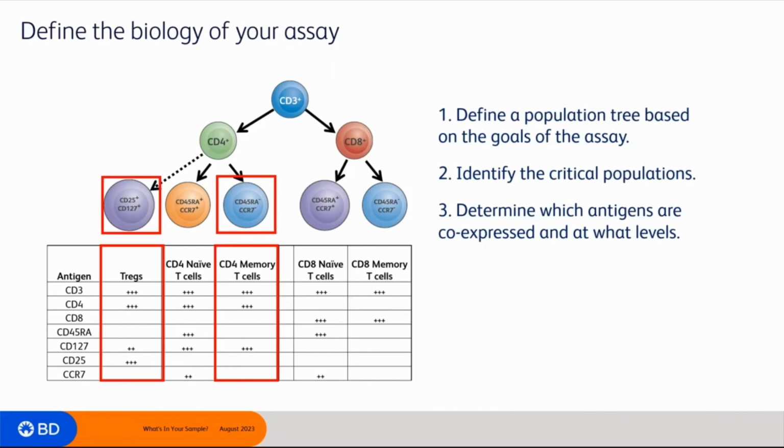So knowing these features, aka the biology, will help you validate that, yes, the markers in your wish list will help you identify the population of interest. Or in simpler terms, knowing the biology will help you in the panel design process.